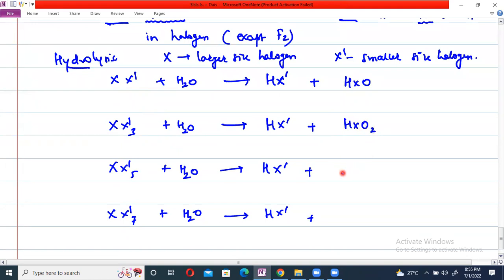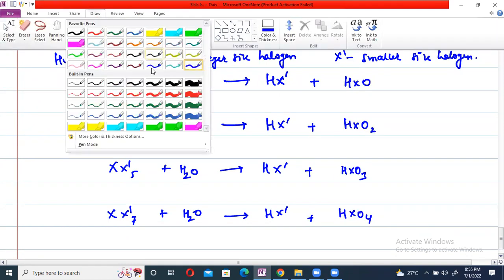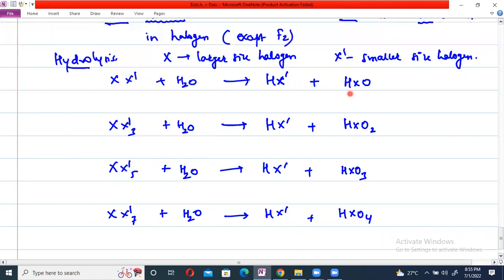XX'5, combined with the water, forms HXO3, and here it forms HXO4. If you want to write the names of these, it's very important because we should know the names of these also.